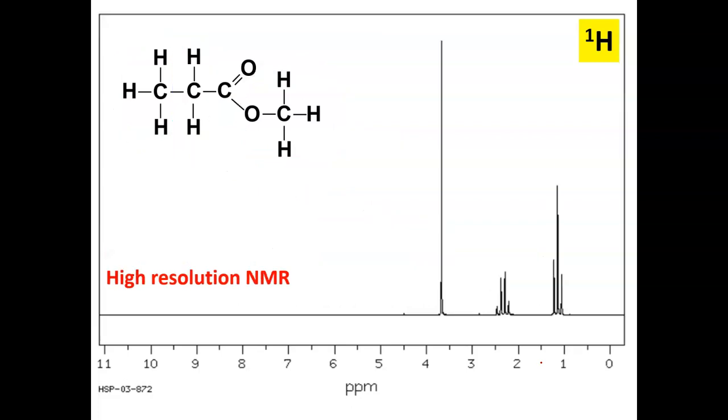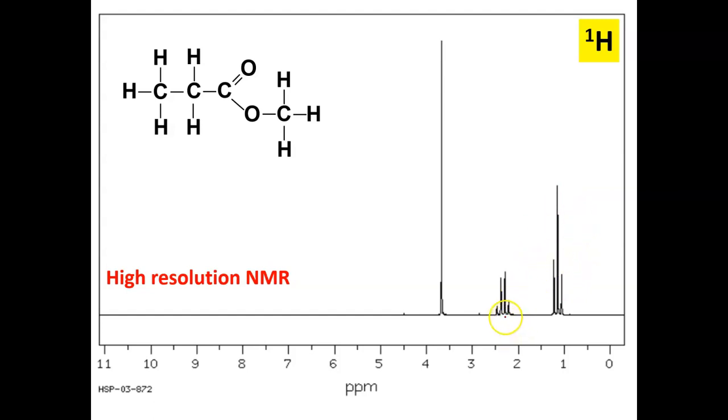Well, of course, the 3 peaks are in the same places on the chemical shift scale, but the detail of the peaks themselves is really quite different. We can clearly see that the peak around about 2 is made up of component parts. If we look from above, we can see that there are in fact three distinct peaks, which we call a triplet.